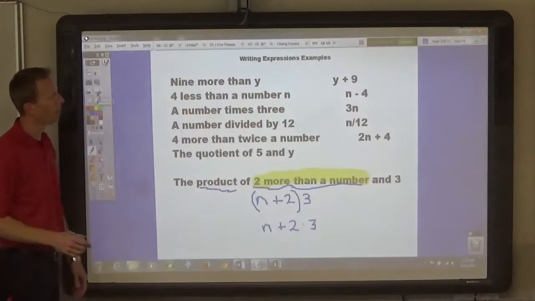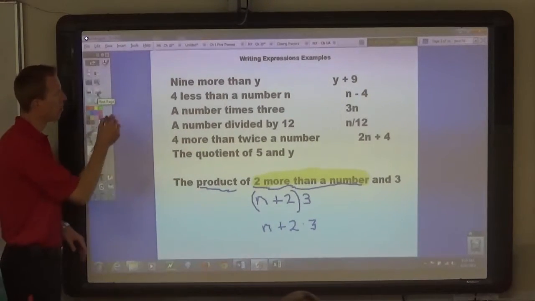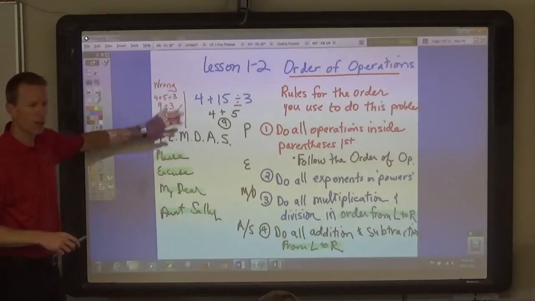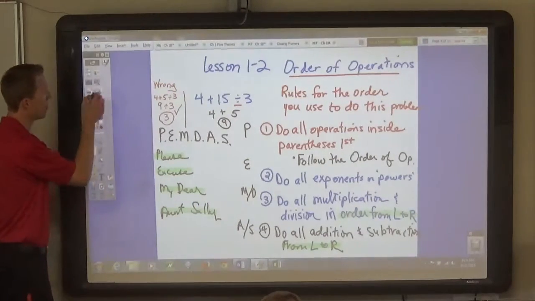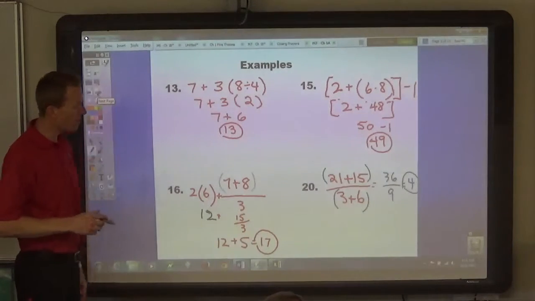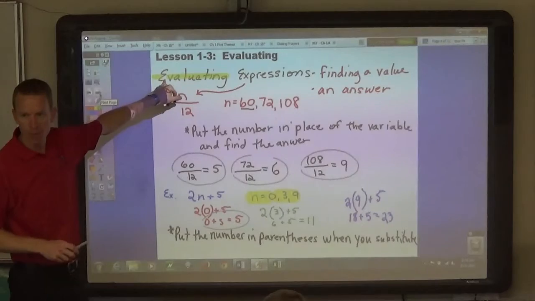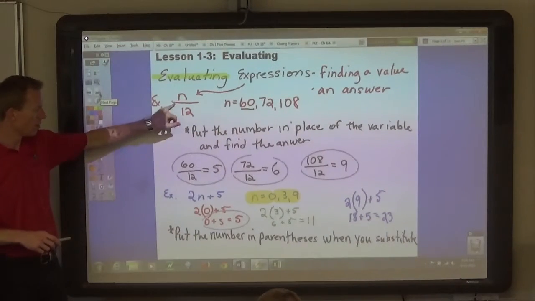Okay? So we went through writing expressions. We talked about what those expressions mean. We went through the order of operations and reviewed those steps for solving expressions with lots of different operations in them. And we talked about evaluating, meaning that you have to substitute a number in for a variable.